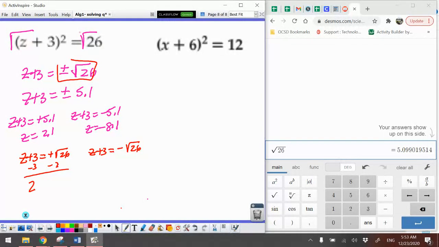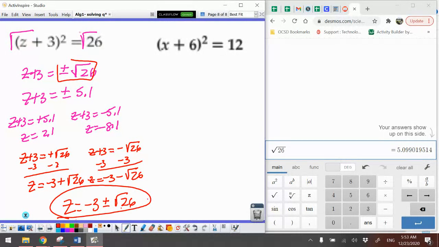So the answer is z is equal to negative 3 plus the square root of 26, and negative 3 minus the square root of 26. Here's how we write it: z equals, oops, we need a negative 3, z equals negative 3 plus or minus the square root of 26.